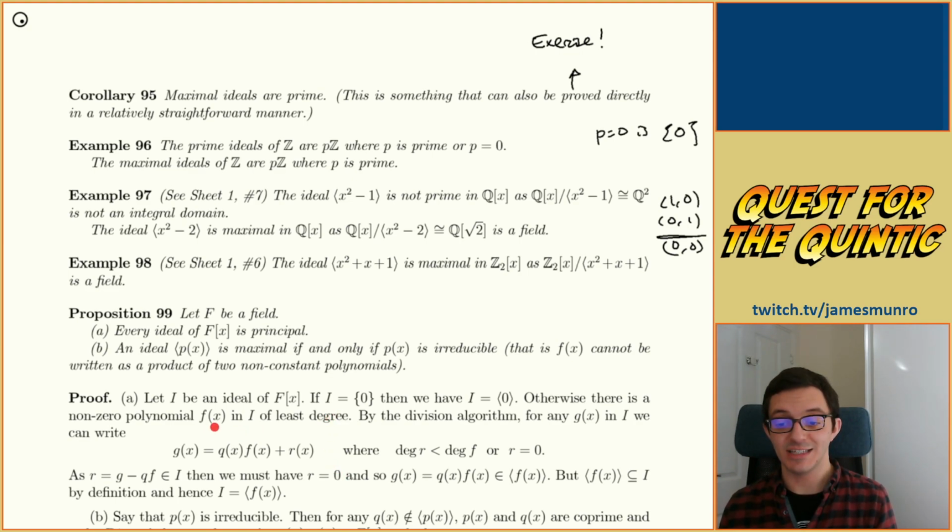We'll take the one of least degree, right? Cool. Okay. Take an example of a polynomial with least degree. That could be multiple, because I is closed under multiplication by elements from the ring. The ring's a field in this case. A field involves multiplication by loads of stuff. So we've got a lowest degree polynomial. Okay, the concept of degree coming in clutch.